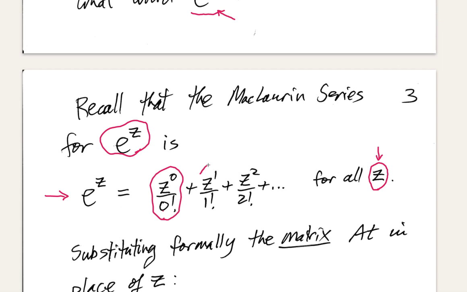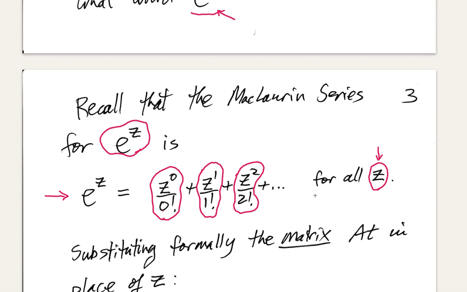Okay, the next term, do you remember, was z to the first power over 1 factorial. And the next term was z squared over 2 factorial. And then plus dot dot dot, because this just keeps going on in the same pattern. I could have written it more compactly with the summation notation, but this is easier, I think, for you to see, because you're recalling this from Calc 2.